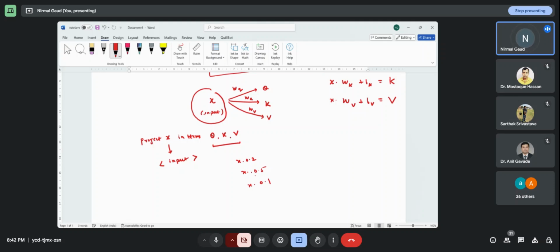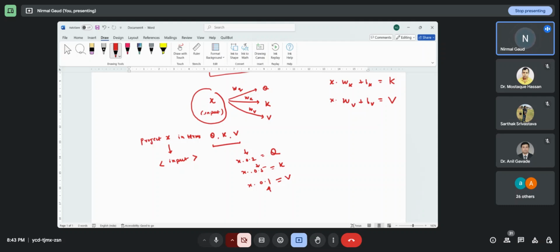These are the weights which you have taken. This represents query, this represents key, and this represents value. These weights are dynamic in nature, they will be changing. Right now I have just written them here, but during training they will change.